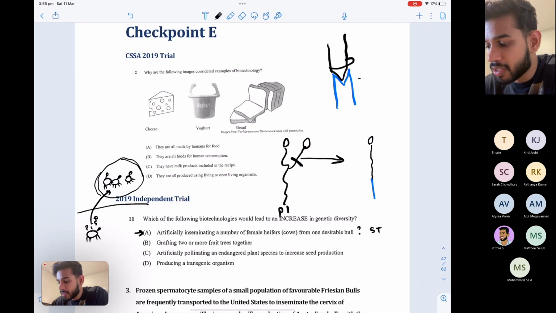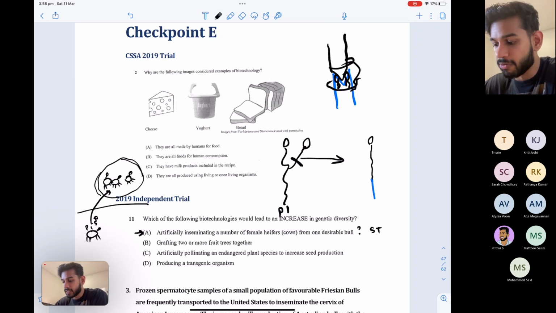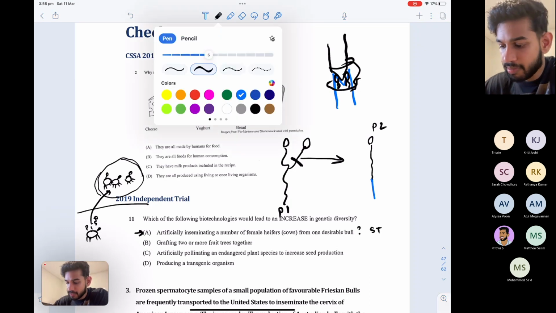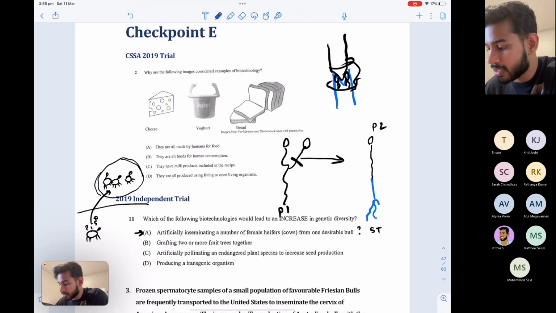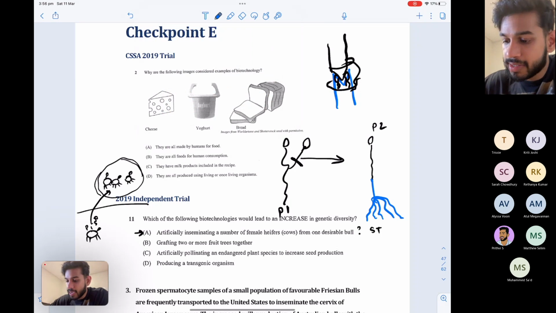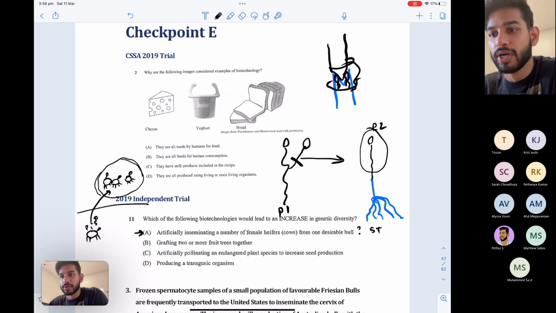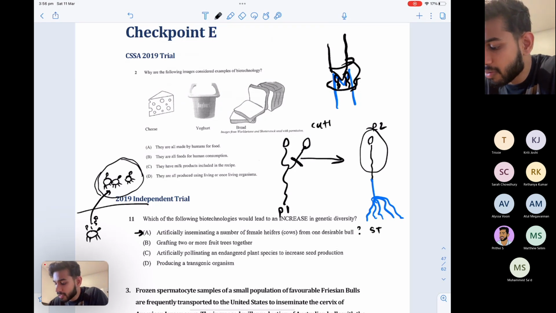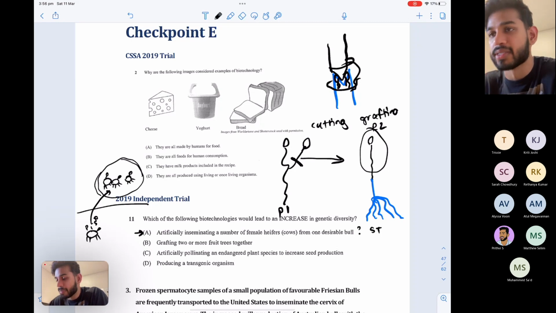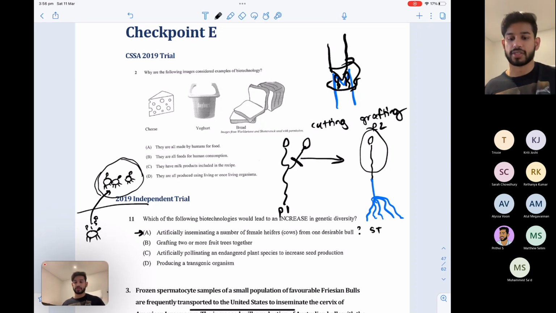And then you bandage them together and they actually start forming connections with one another. And you technically form a clone. Okay, this new plant, even though it has the base and the roots of a completely different plant, still has the same shoot system and it can be regarded as a clone. So this is called cutting and grafting. And this is an example of cloning plants. And cloning is a reproductive technology.